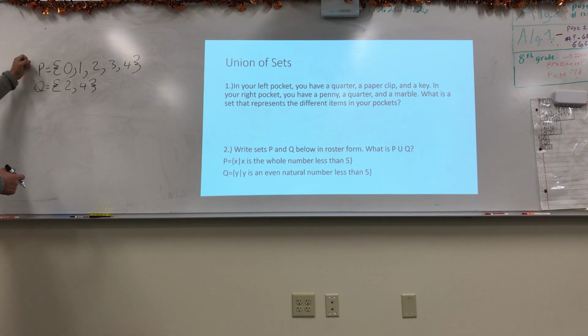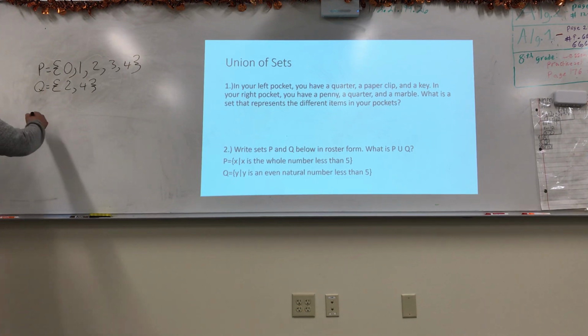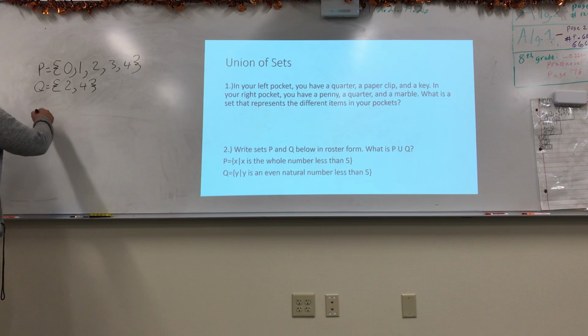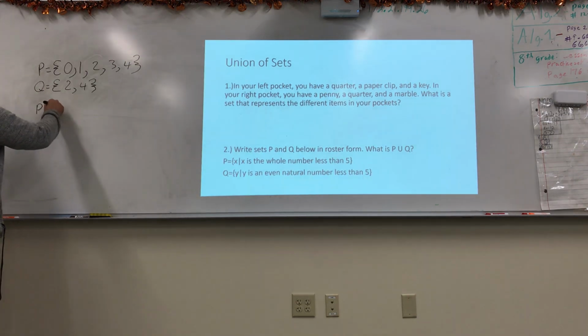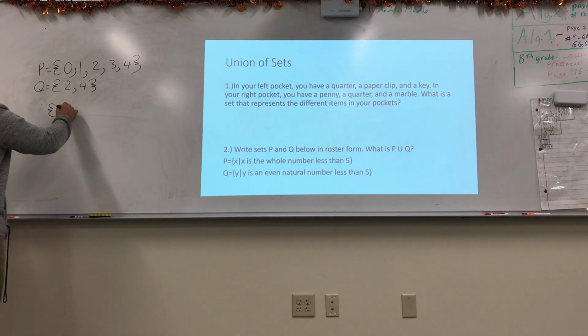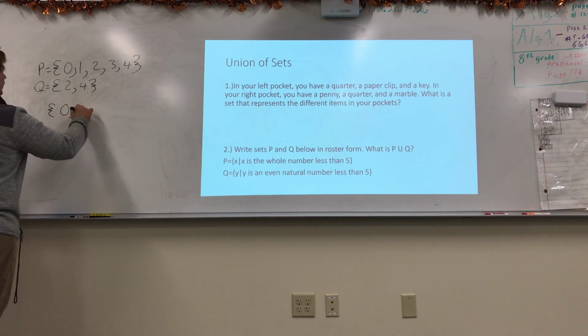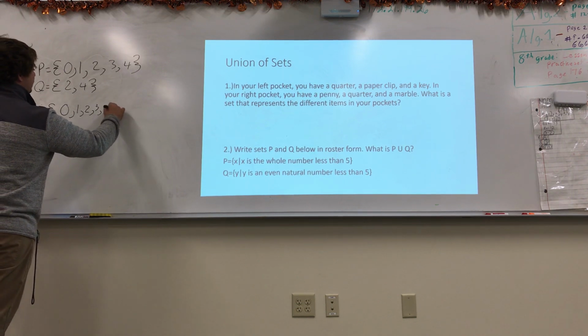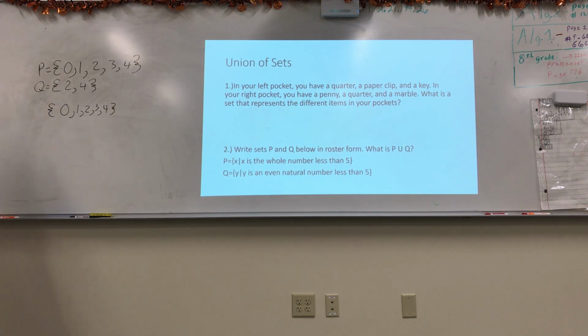So we did the first part. This is roster form of P, this is Q. Now we want to do what is P union Q. Well, it just happens that P union Q is going to be 0, 1, 2, 3, and 4 because it's everything in that set. So this is sets of unions.